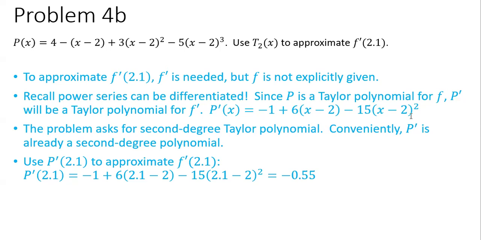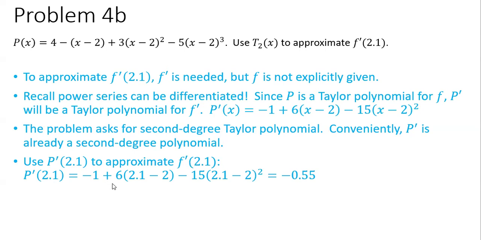Now the problem asks for a second degree Taylor polynomial for f prime of 2.1. Conveniently, P prime is already a second degree polynomial, so we don't have to do anything. So we're going to use P prime directly to approximate f prime of 2.1.